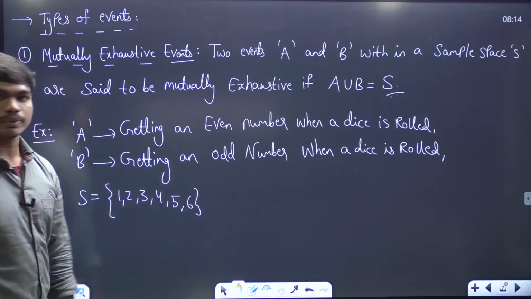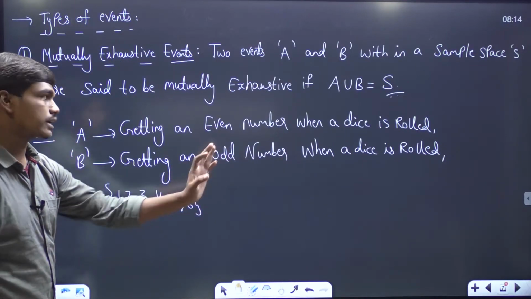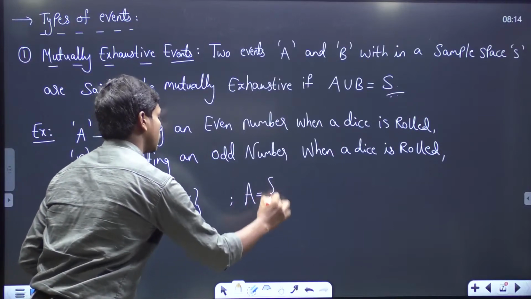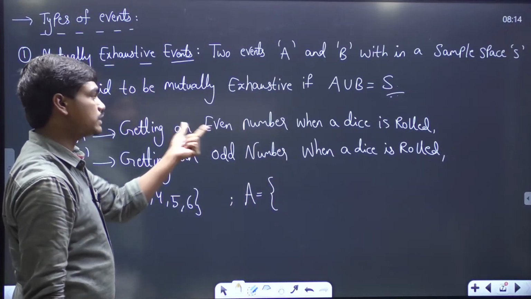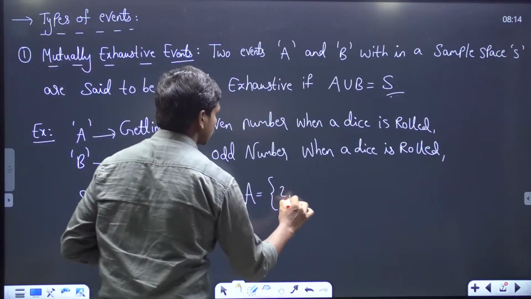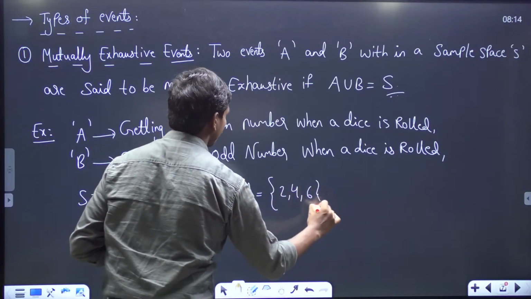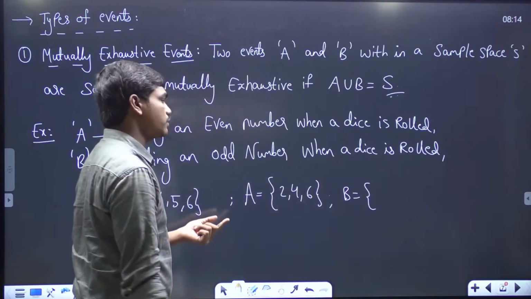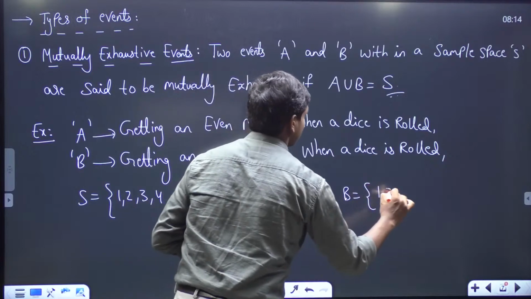So when your random experiment is rolling a dice, if A is the event of getting an even number, A consists of the favorable outcomes 2, 4, 6, and set B, getting an odd number, consists of 1, 3, 5.